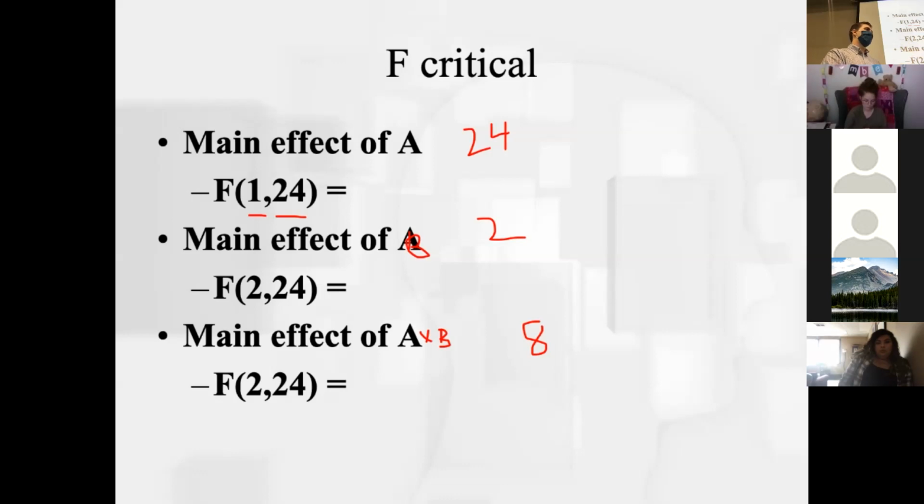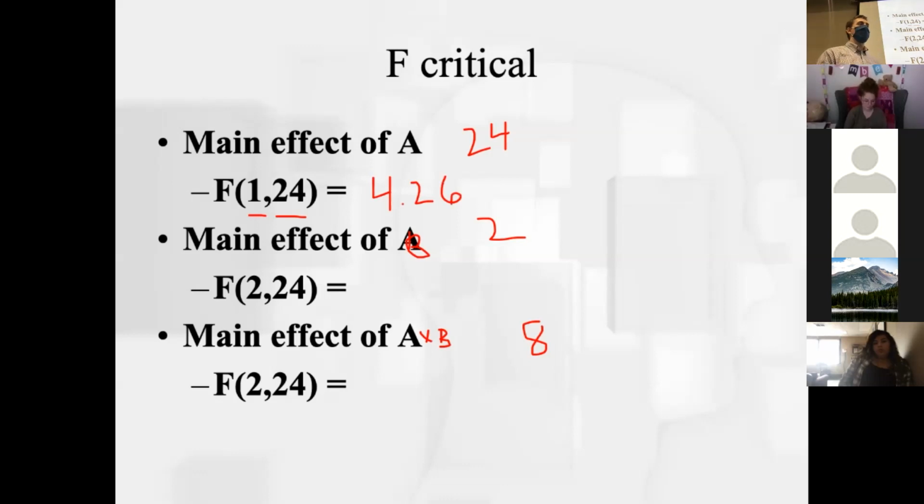Light-faced is 0.05. The bold-faced is 0.01. So let's say we're testing at the 0.05 level. So the F critical, or F crit, for 1 degree of freedom in the numerator, 24 degrees of freedom in the denominator, at the 0.05 level is 4.26.